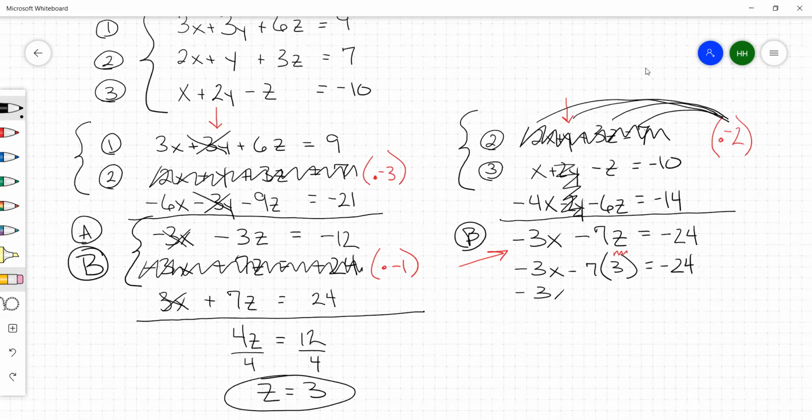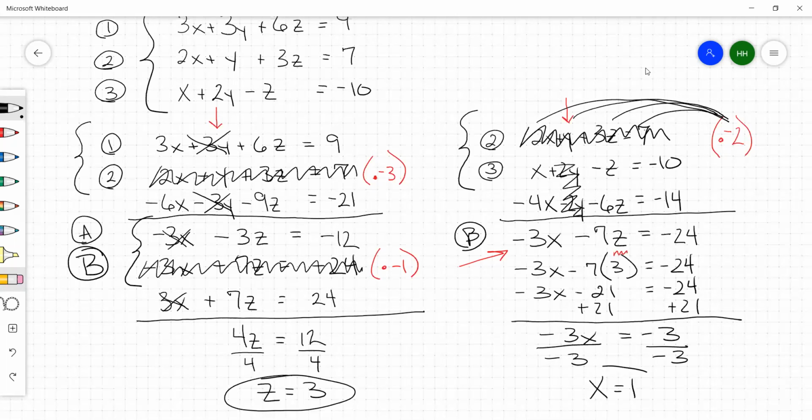So negative 3x minus 21 equals negative 24. Going to add 21. Negative 3x equals negative 3. And we're going to divide by negative 3. X equals 1.